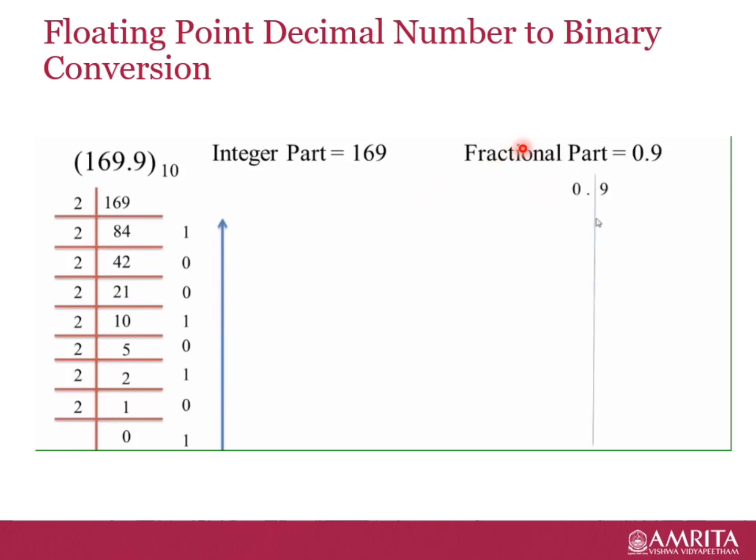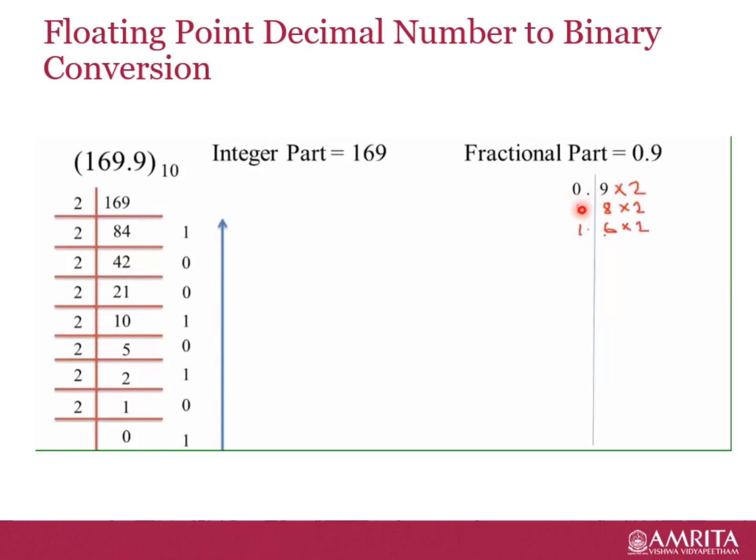Now we can move on to the fractional part conversion. Here, unlike repeated division, we will be doing repeated multiplication. Here, the fractional part 0.9 is multiplied by 2 to obtain 1.8.